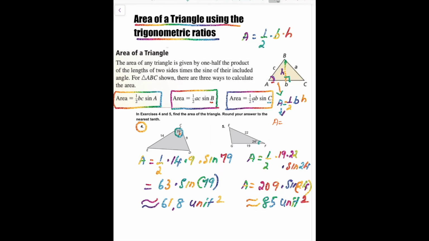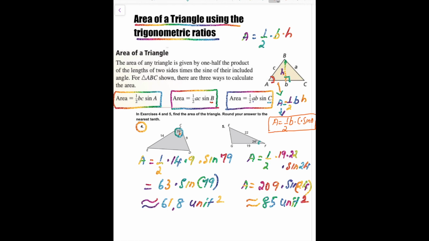When you look at this area A equal to 1/2 of B, H is the one you don't know. So we are using the opposite over hypotenuse formula here, that is sine A is equal to H over C, and when you cross multiply, H will be C times sine A. That's how they got the formula like that.